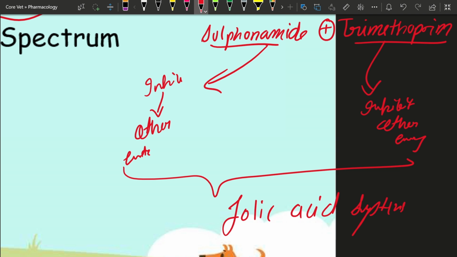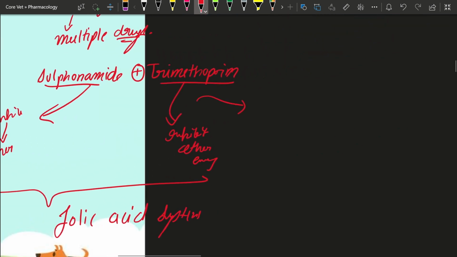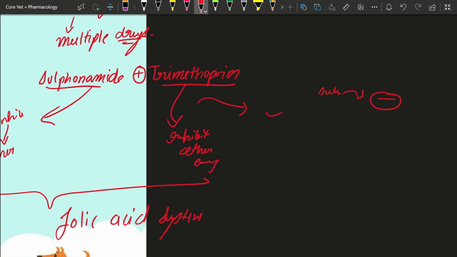Now what we are going to do is sum up the properties of the trimethoprim and the sulfonamide in order to inhibit both enzymes. If we use the sulfonamide alone, it is going to inhibit only a single enzyme in the folic acid synthesis. But if we use the combination of the sulfonamide and the trimethoprim, it is going to inhibit two enzymes.